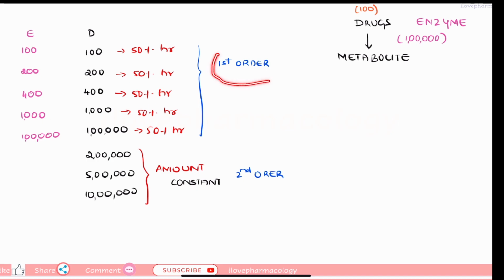First order kinetics will be followed only when there is a surplus of enzymes in the body. Whenever the enzymes get saturated or limited, the drug will follow zero order kinetics. The amount of elimination will remain constant here.